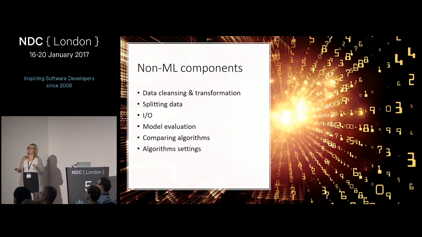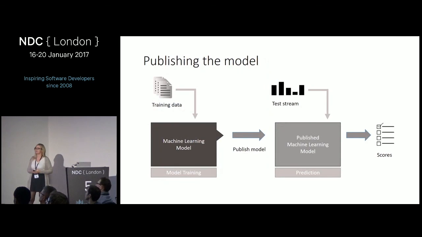So as I said, a lot of those non-machine learning components in the machine learning process are necessary, but not that exciting. And another thing was, I built the model. I have something that is predicting if it's a cat or a dog, let's say.